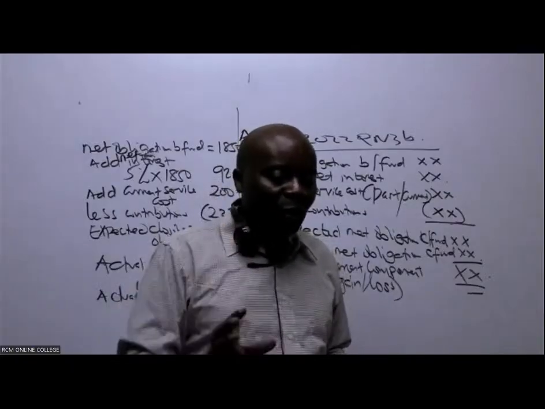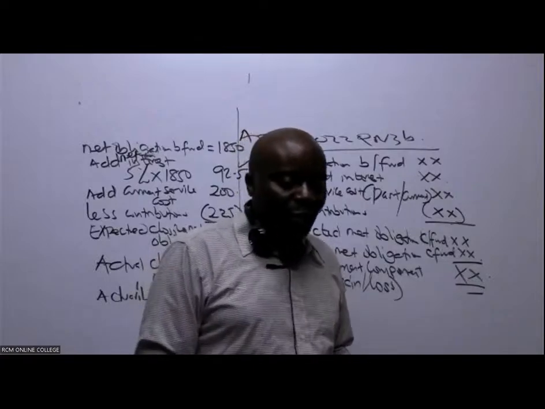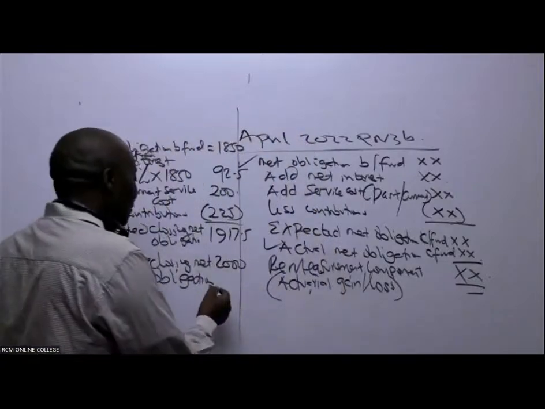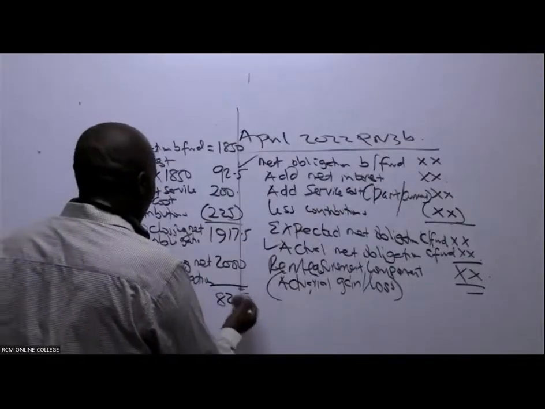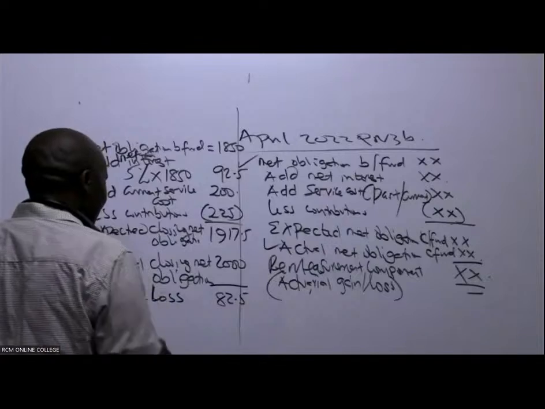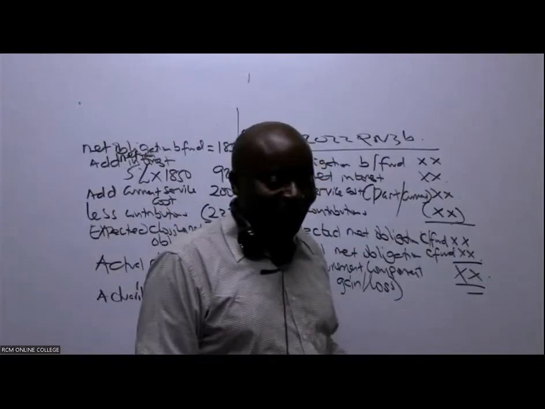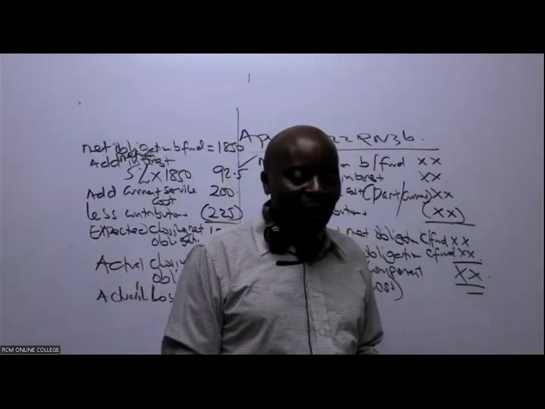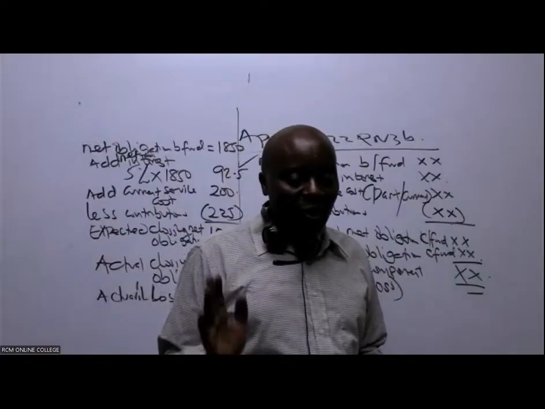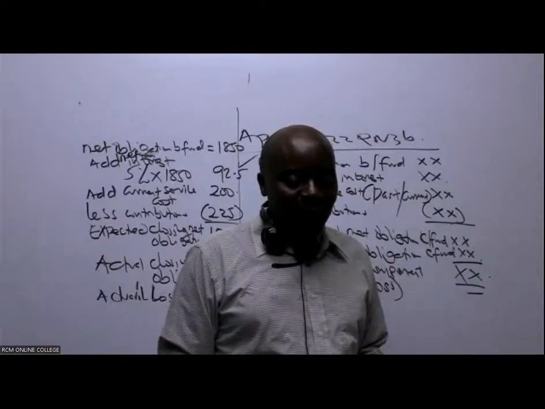But an obligation, a liability increasing in value, that is a loss to the company. Mike, you have also misled a little. When you just say the name loss, actuarial loss, you don't say minus. So it's a loss of 82.5.